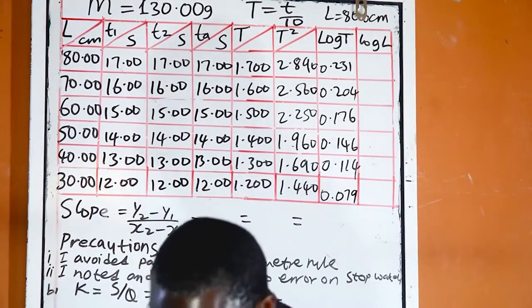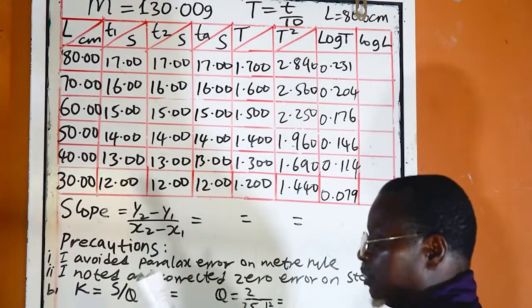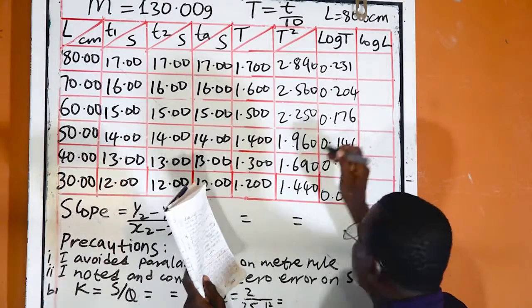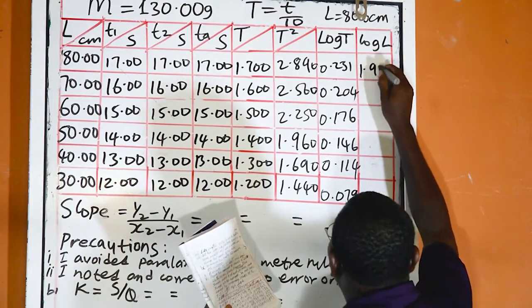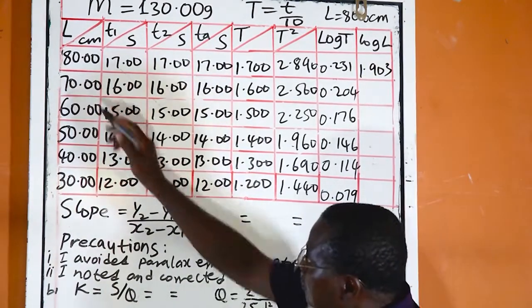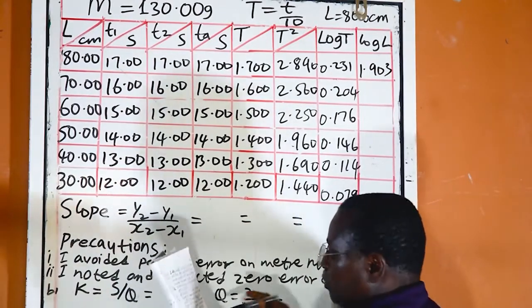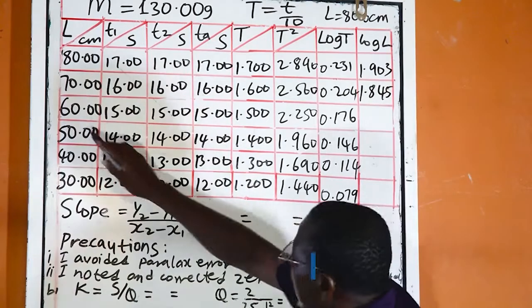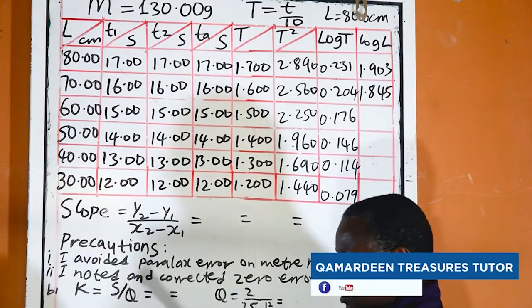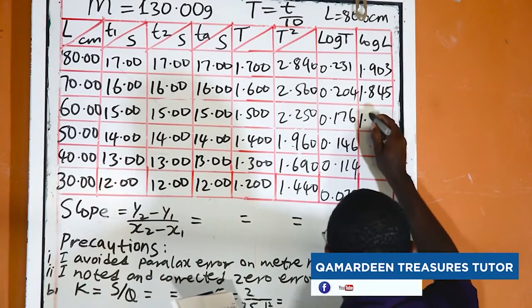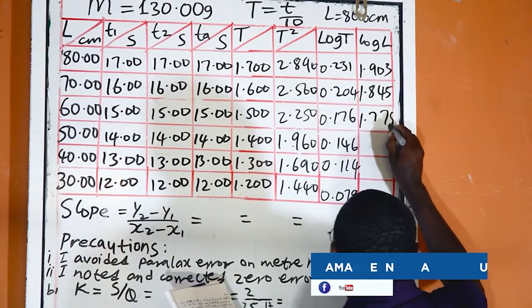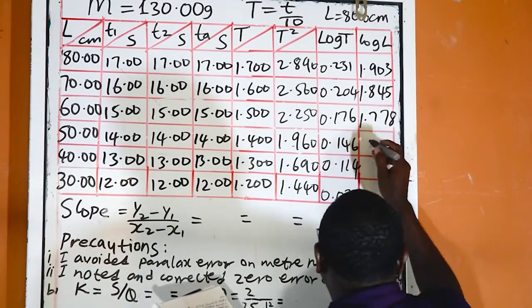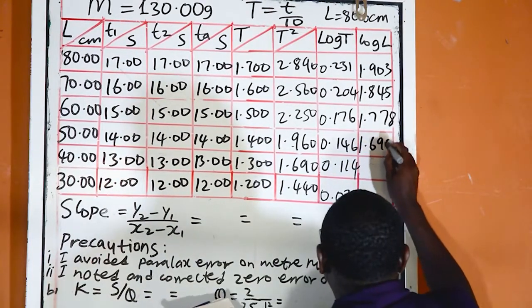Now, log of 80 is 1.903. Log of 70 is 1.845. Log of 60 is 1.778. Log of 50 is 1.699.